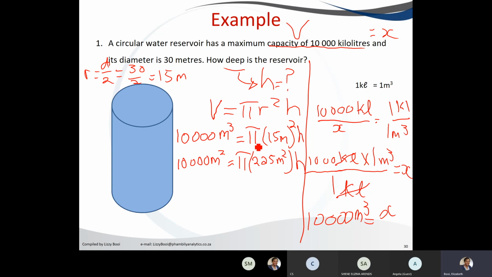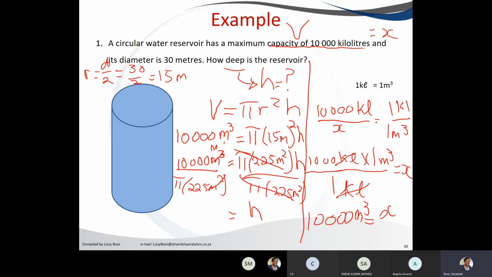Now we need to make height on its own, so we can divide this side by pi times 225 meters squared, and we do the same this side. On this side, pi cancels out pi. This side, we are left with h, and this side, sorry, this is meter cube. Our meter squared goes into the meter cube, and the remainder will be 1. So that will cancel out, and we'll be left with the meter.